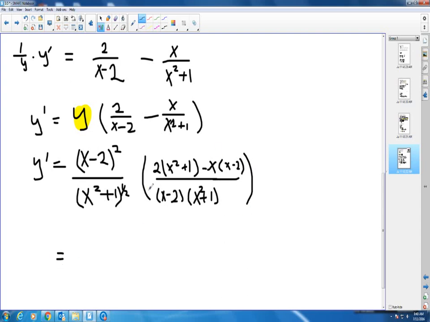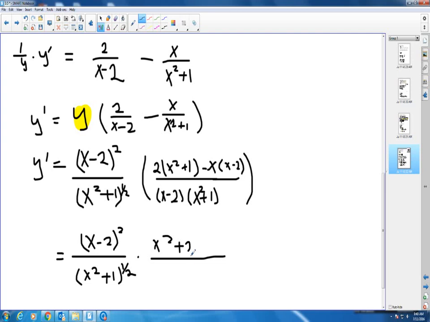So if I simplify the top, x minus 2 squared over x squared plus 1 to the half power, times, this is 2x squared minus x squared, which will give me x squared. Negative x times negative 2 is positive 2x. And 2 times positive 1 is positive 2.